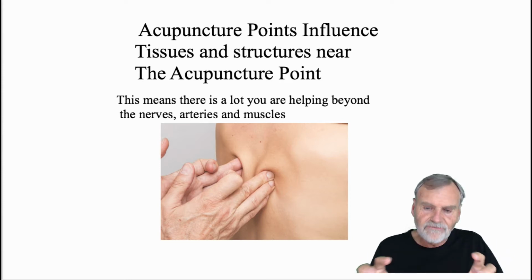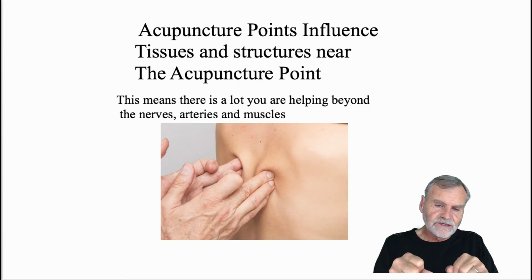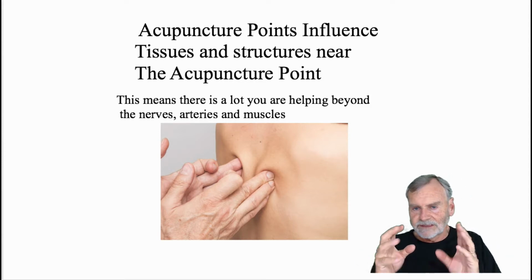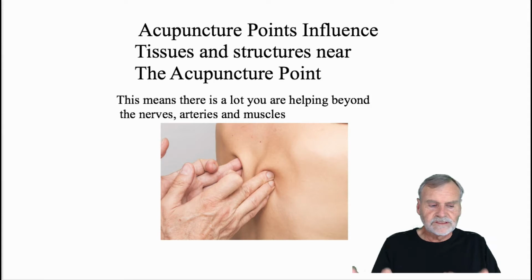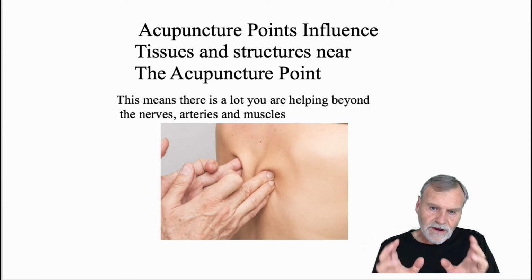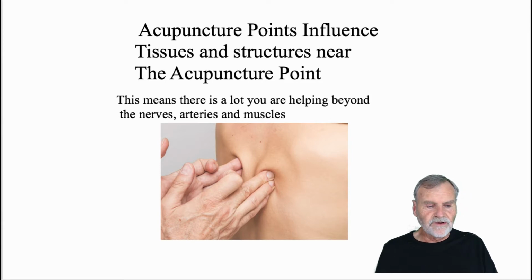It supplies everything underneath it. It's called Hilton's Law. So when you are affecting a particular area, you're not just affecting the muscle, you're affecting the arteries and the nerves and the veins and the lymphatic tissues and the immune system, all those things around that acupuncture point. That's how vital that is. So just think about that for a second.